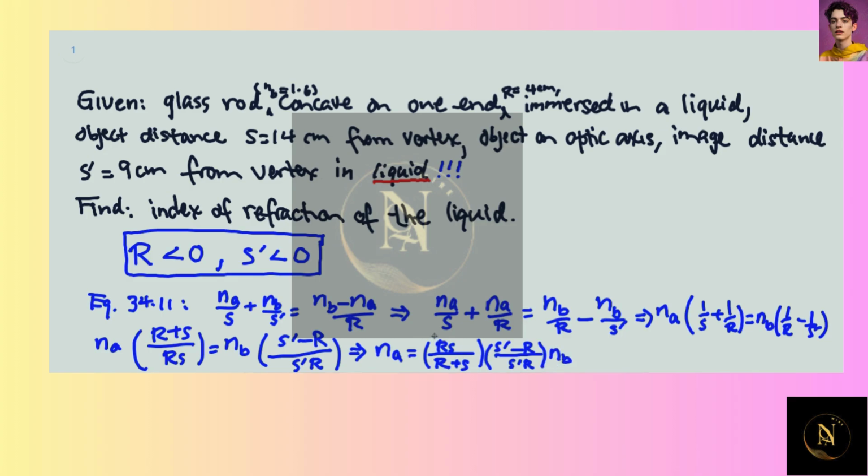And actually, I can just cancel out those two R's, so then I'm left with S times S primed minus R over S primed times R plus S times NB. I'll actually write this on the next page so it's clearer.